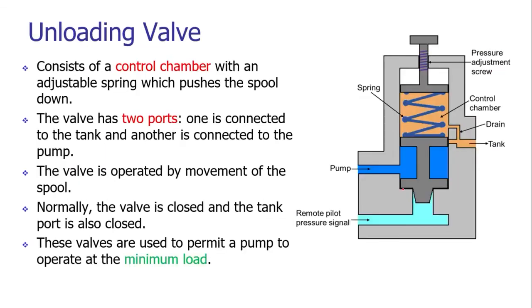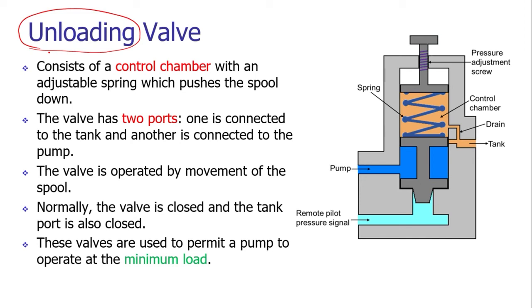The second type of pressure control valve is the unloading valve. The unloading valve operation is very much similar to the DCV that we have seen in our previous lecture.